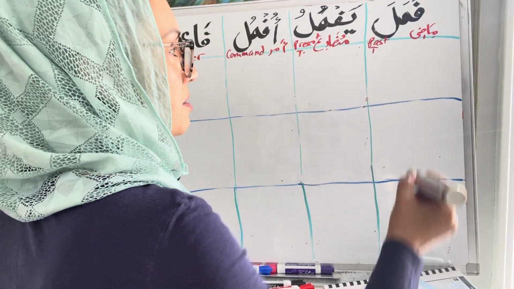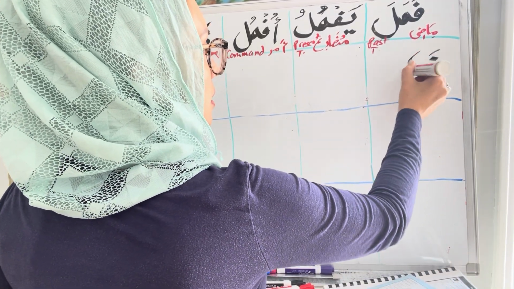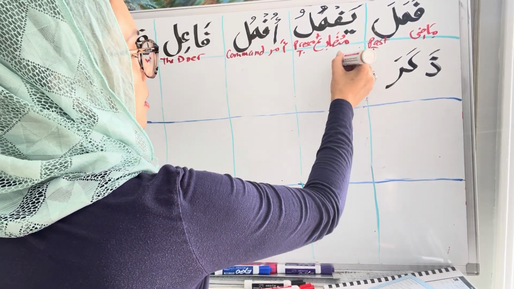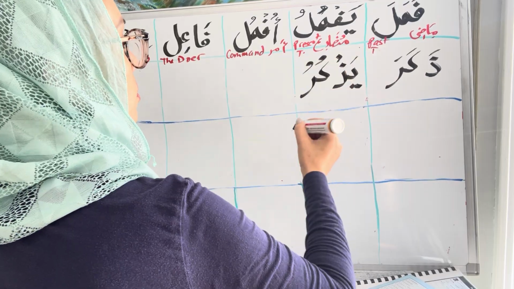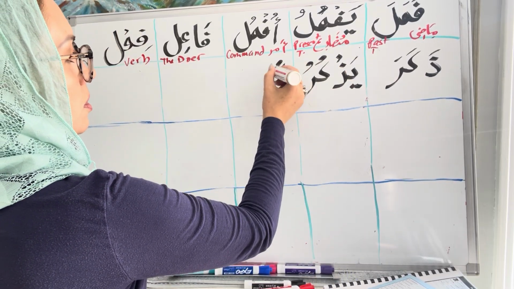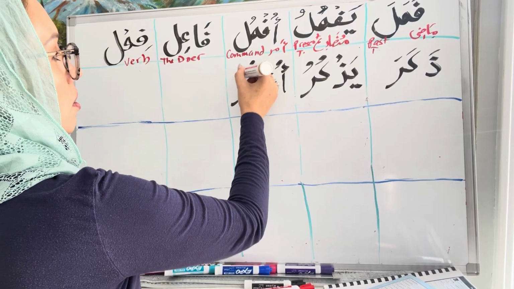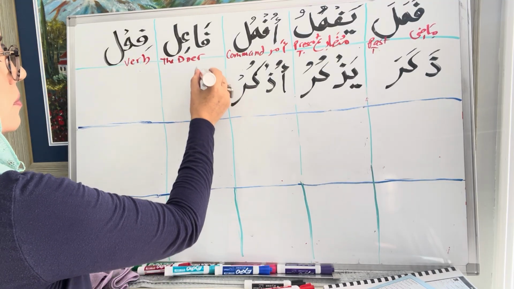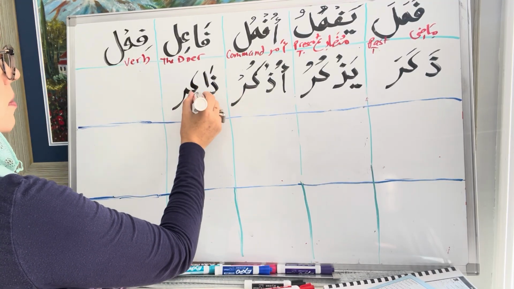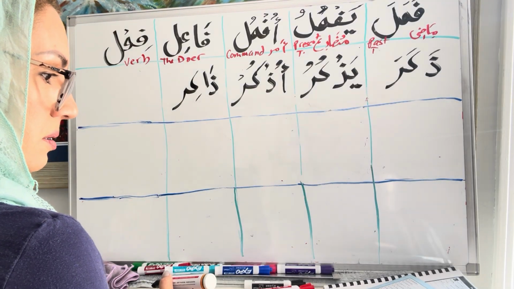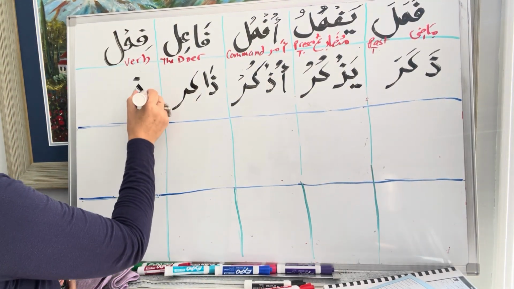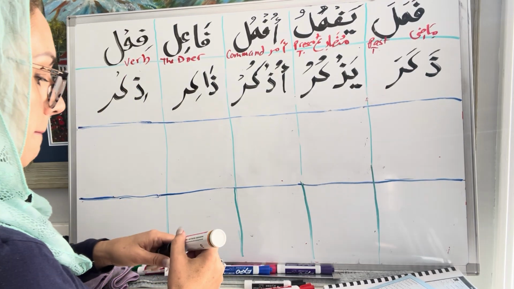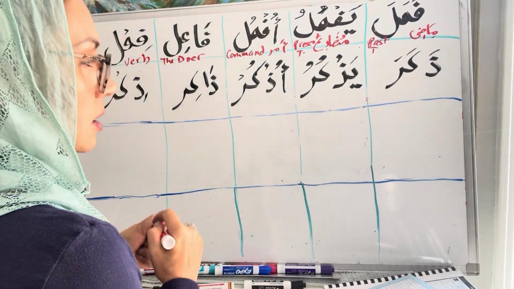Next word we have is ذكر. ذكر. يذكر. أذكر. ذاكر. And then الذكر is the فعل. Quickly, so we give the meaning. ذكر.